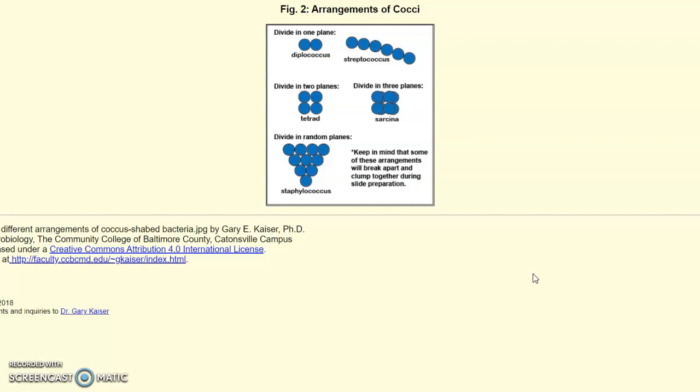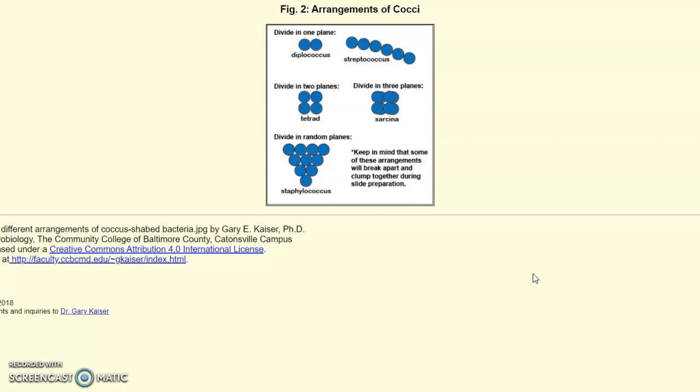This figure that you see here shows the different arrangements that we can have of the cocci. Because they are round, spherical, they can divide in multiple planes. So we see more arrangements with the cocci than we do from any of the other bacterial shapes.